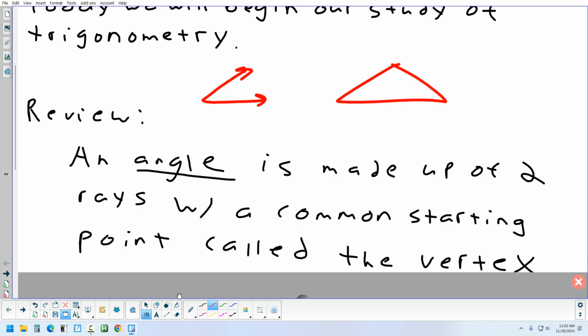So if you have an angle that's all by itself, that's where you take a ray, take another ray, and you put them together so they have a common start point. That is called the vertex, where those two rays meet.